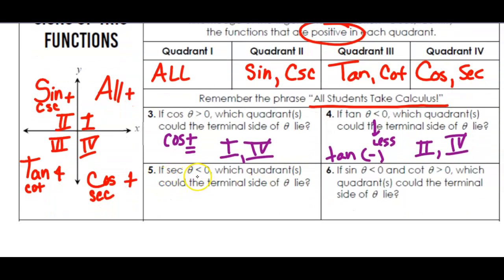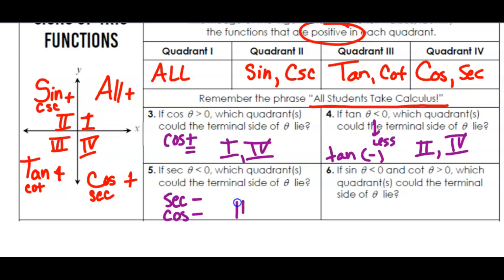Secant is less than 0, okay? So the secant is negative, means the cosine, its reciprocal, is also negative. So which could that be true in? Well, it's positive here, so it can't be quadrant 4. They're all positive here, can't be negative here. But it would be negative in the other two because only sine and tangent are positive there.